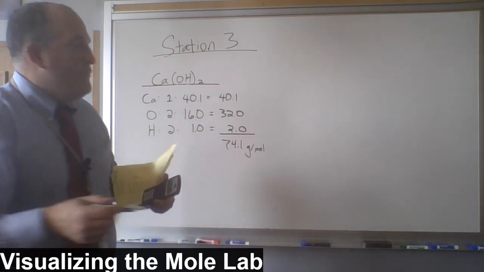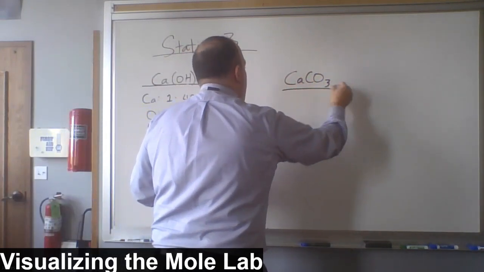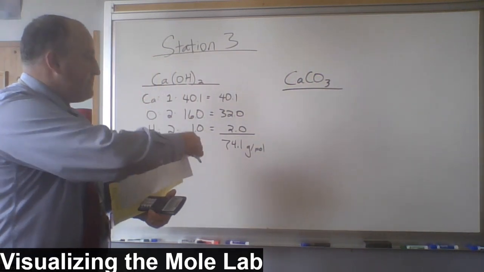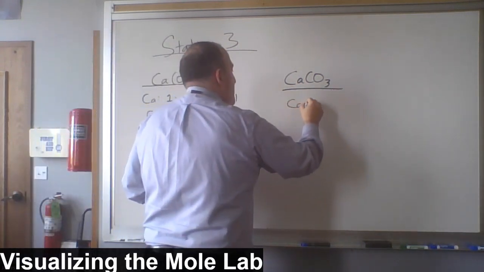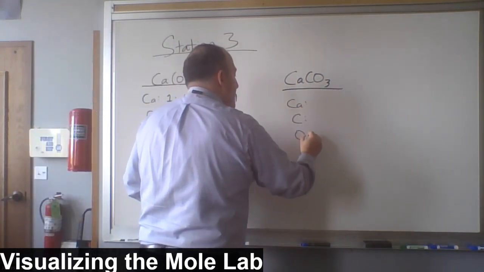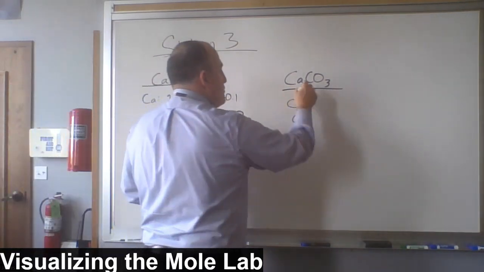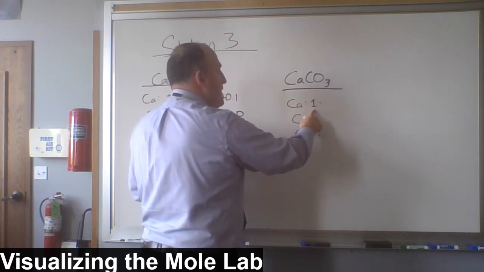Now, for completeness sake, let's also talk about calcium carbonate, the other solid white powder that we encounter in station 3. Again, we're going to write the compound's formula and the elements that are present. Looking carefully at the subscripts within the formula. If it's an implied 1 subscript, we'll write down 1 atom.